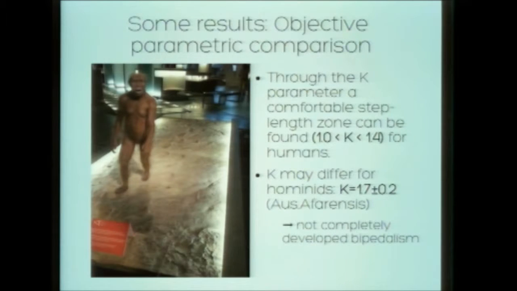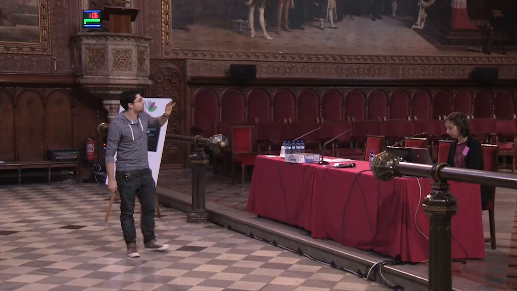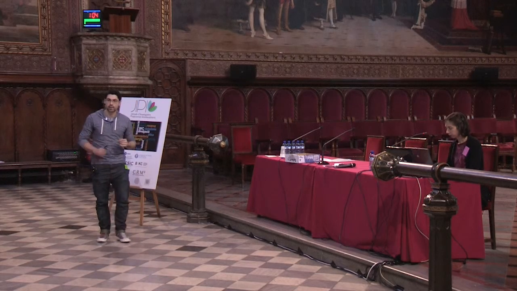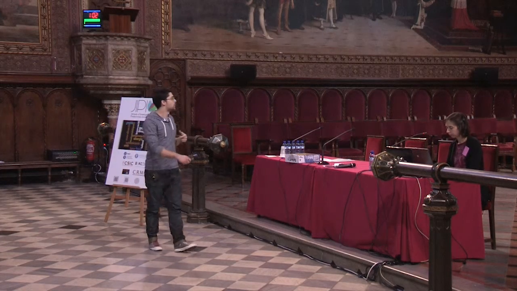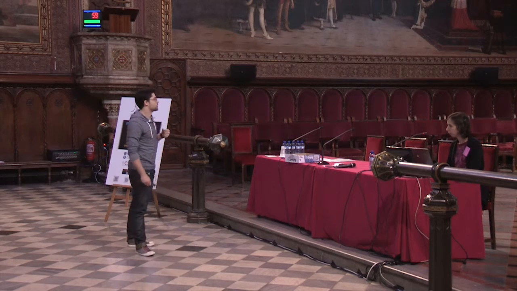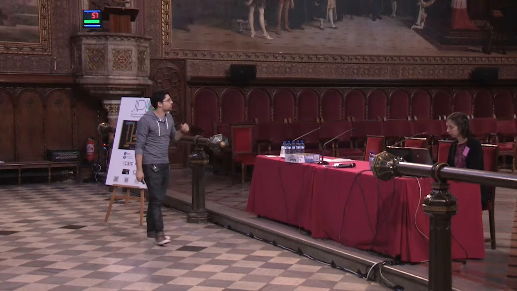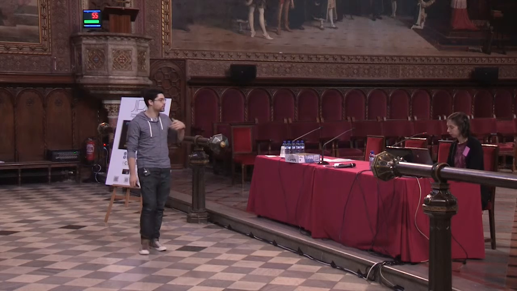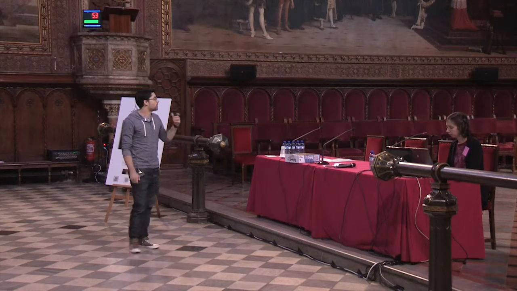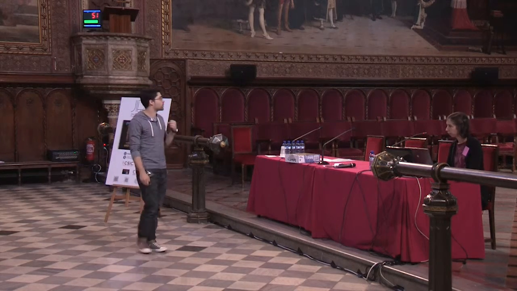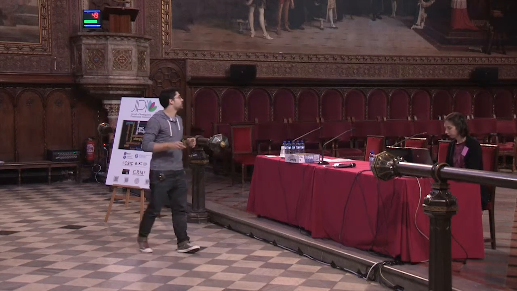If we continue, I calculated this parameter by taking some measurements in humans. As I said, it has a value from 1 to 1.4, with slight changes between sexes. But it's surprising that, for example, for Australopithecus afarensis, if you calculate this parameter, you find a value of 1.7 with some variations.